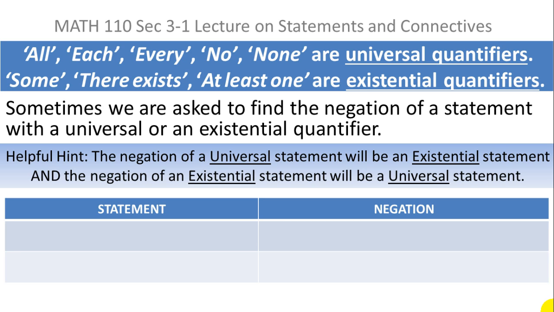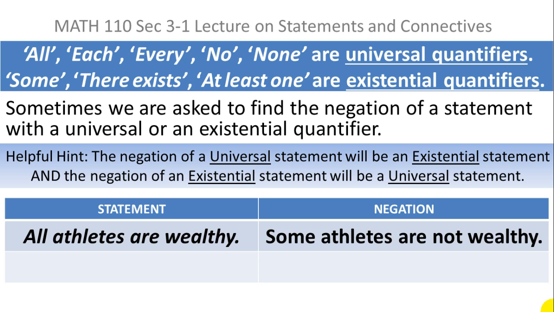Let's do a couple of simple examples. If I say all athletes are wealthy, and I want to negate it, the second column is for the negation. The first thing I'm going to do is realize that I've got to change the all to some or something like that, because if I start out with all in the original statement, the negation's got to come from the second line.